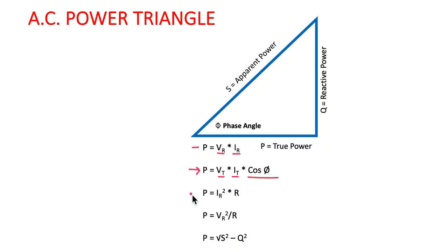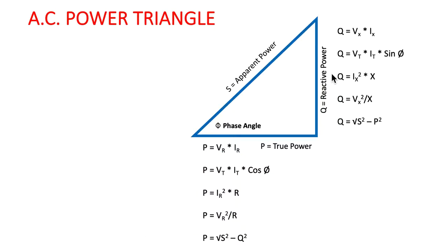You can also use P equals I squared R, if you've got the current through the resistor and the resistance. You can also use P equals V squared over R, again with the voltage across the resistor and the resistance. And we can transpose Pythagoras to say power is also equal to the square root of S squared minus Q squared.